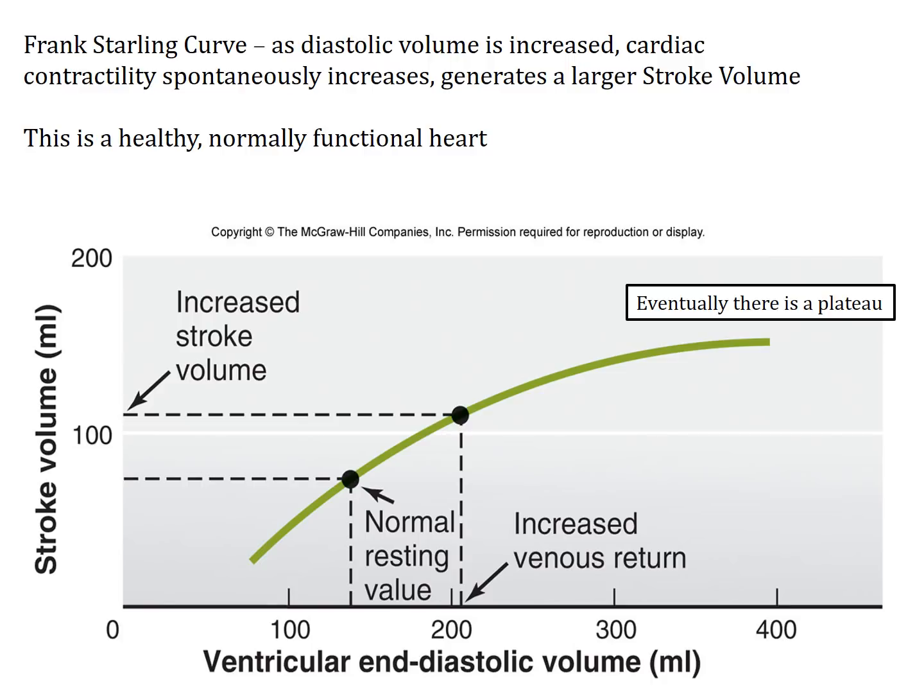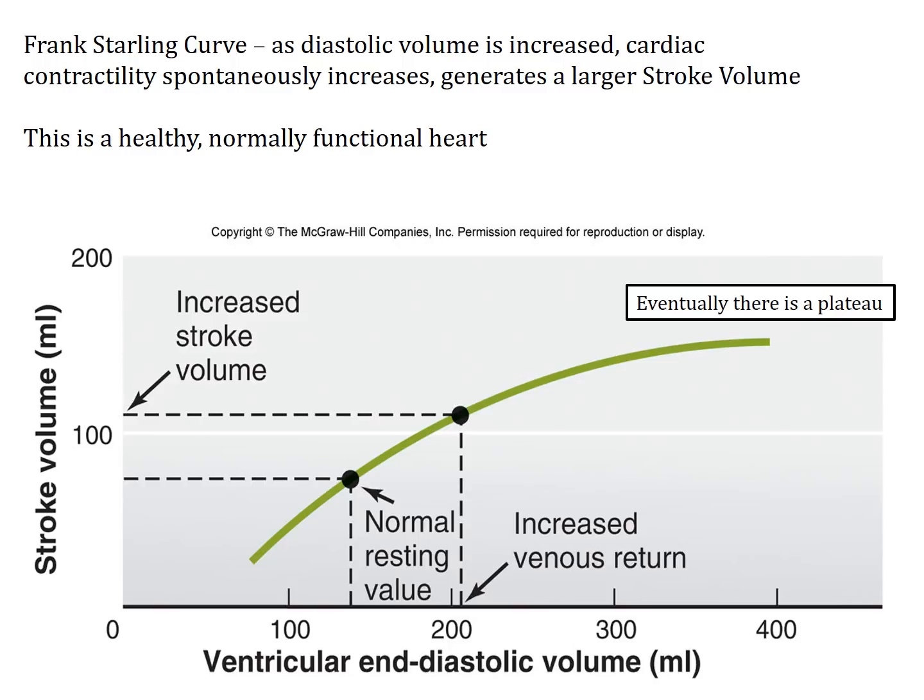Now eventually there's going to be a plateau. You can't put 10 liters of fluid into a heart and expect that it's going to be able to still function properly. So eventually there's going to be a plateau. But for a normal, healthy heart, the more volume that goes in, the greater stroke volume can occur.